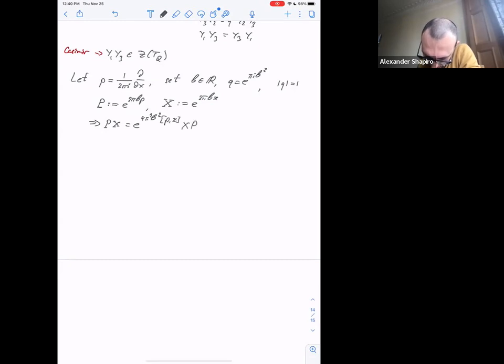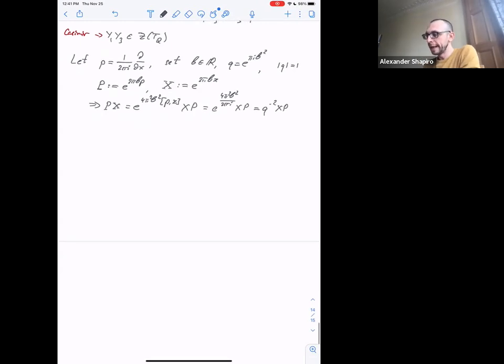Let me actually write it out: it's e to the power of 4 pi squared b squared over 2 pi i times xp. And this is just q to the minus 2 times xp.